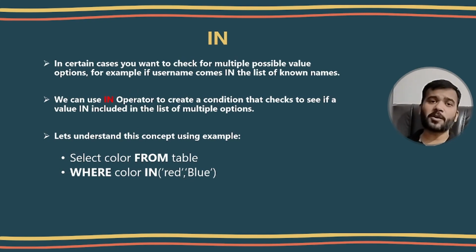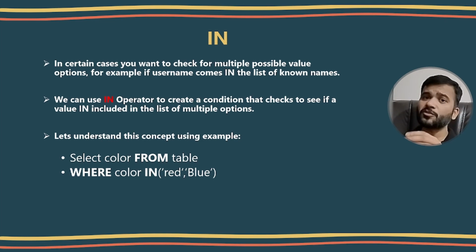Now let's talk about another logical operator, IN. As I said, you pass in a list, and anything that matches will be returned by IN. In certain cases, you want to check for multiple possible values. For example, if a username is in a list known as names, then it should return.